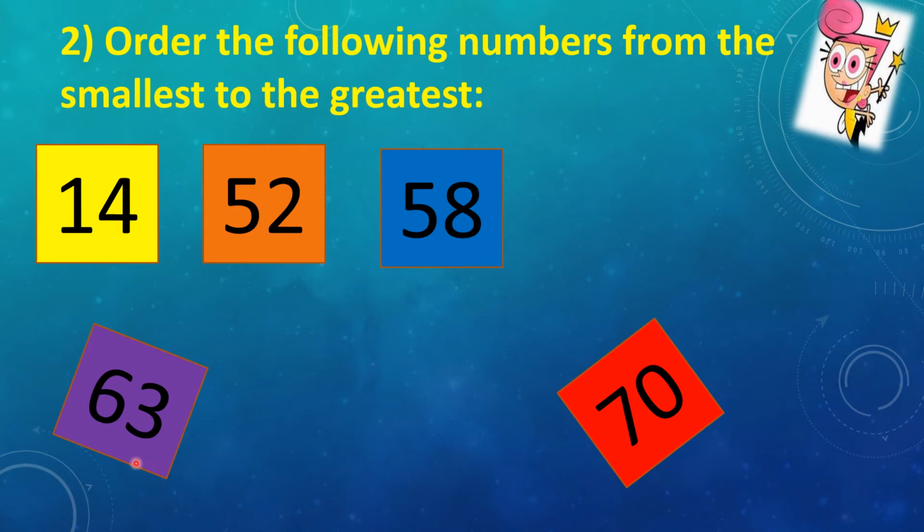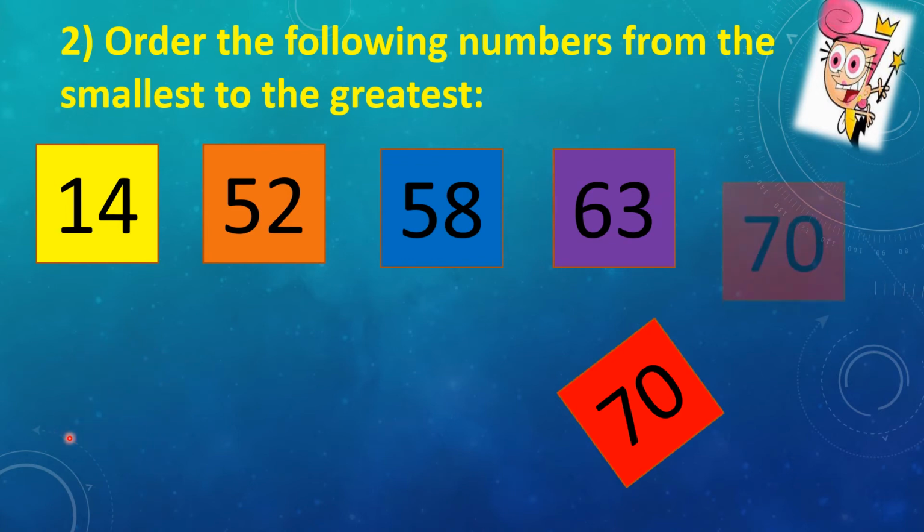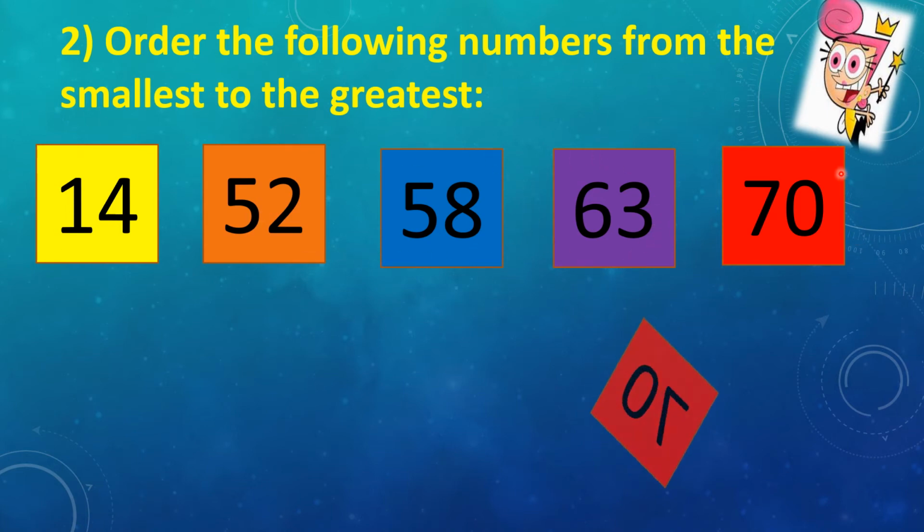Which is the smallest? 63. And the last number is 70. Now we have 14, 52, 58, 63, and 70. We arrange them from the smallest number to the greatest number.